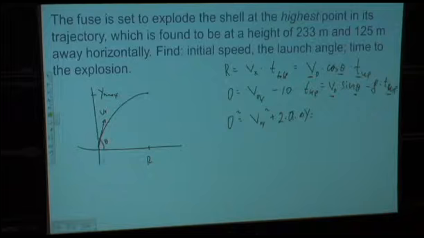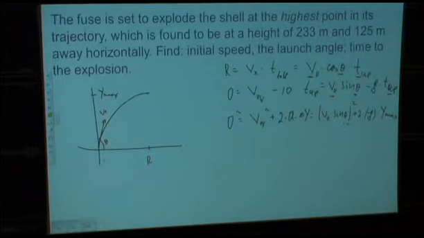And now, the initial component of vertical velocity is this. We should square the whole thing. Don't forget these parentheses. People sometimes forget parentheses, and they square only the sine and they don't square v0, the speed itself. Now, plus 2 times negative g times y max.